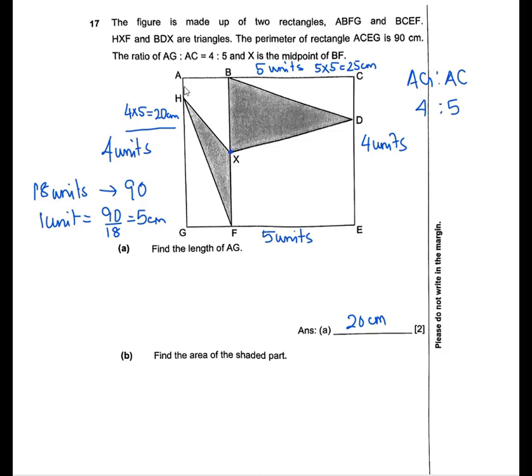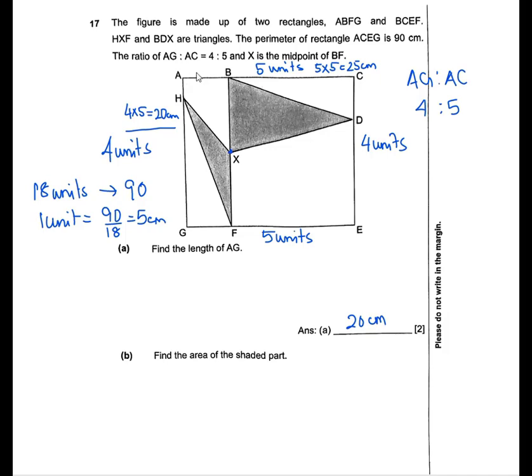How do we find the area of ABFG? ABFG is GF times BF, or AB times AG, length times breadth. All right.